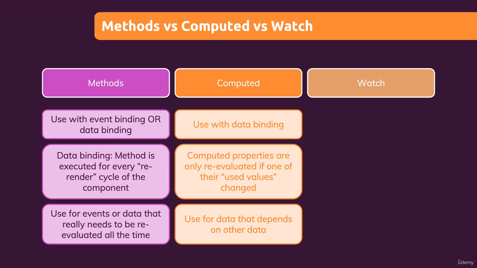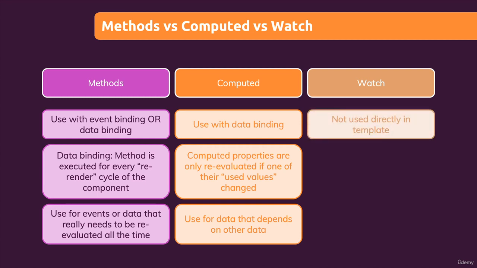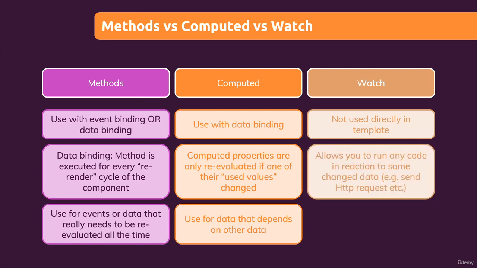Last but not least, watchers are not directly used in the template. You don't reference them there, but you can watch any property, even computed properties, with them. And that allows you to run code in reaction to some changed data. For example, to send an HTTP request, set a timer, store something in local storage, whatever it is.